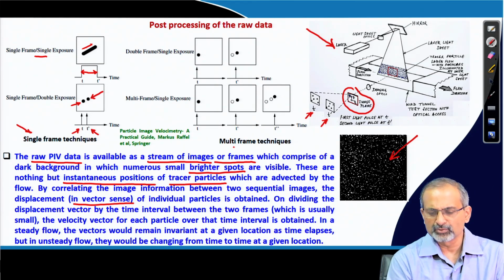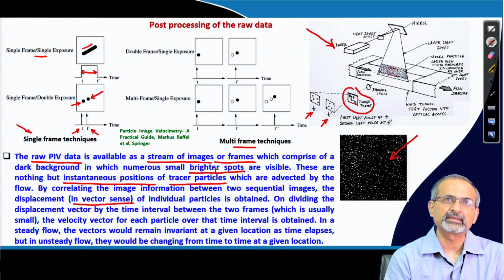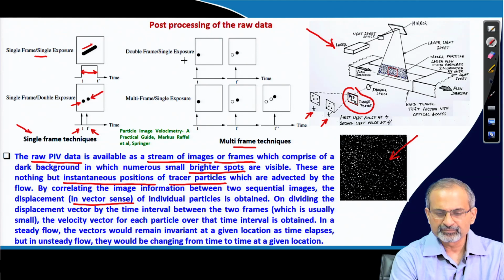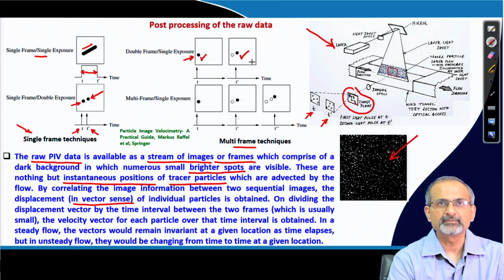On the other hand, you could use multiple frames and again look at the same particle. For example, here you have a double frame single exposure where the same particle at t was here, at t dash is observed over here.